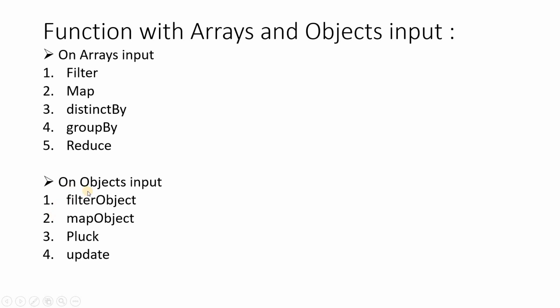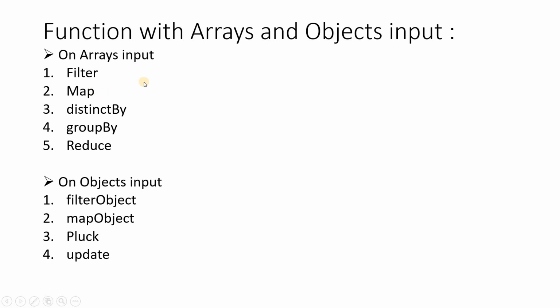The second one is on object input. If we have an object as input, then we can use filterObject, mapObject, pluck, and update. This filter is the same as the one we use on arrays, and filterObject we can use on a JSON object.